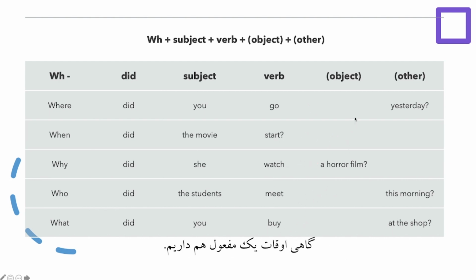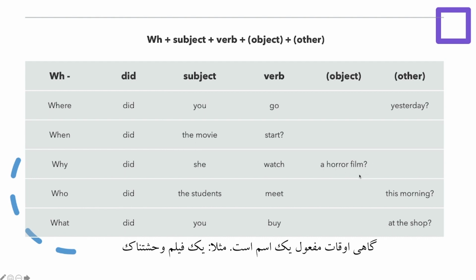Then sometimes we have an object. Sometimes an object is a noun, okay, so a horror film, for example. And then we have some extra information. This extra information is often time or place, but not always.